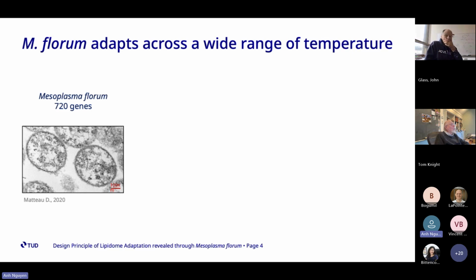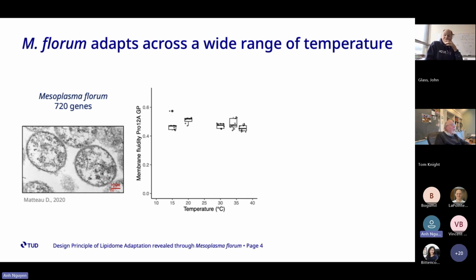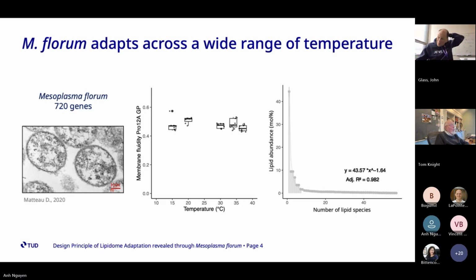Last year in the fourth JCVI workshop, we saw that Mesoplasma florum can actually perform this homoviscous adaptation across a pretty wide range of temperature, from 15 to 38 degrees. At that time, we were using FBS serum to feed it, so it has quite a lot of lipid. And this is the same case for most organisms that people have witnessed homoviscous adaptation in, is that they use a lot of lipid to do it.